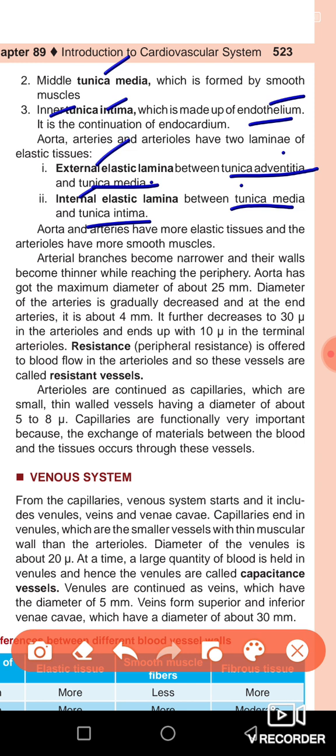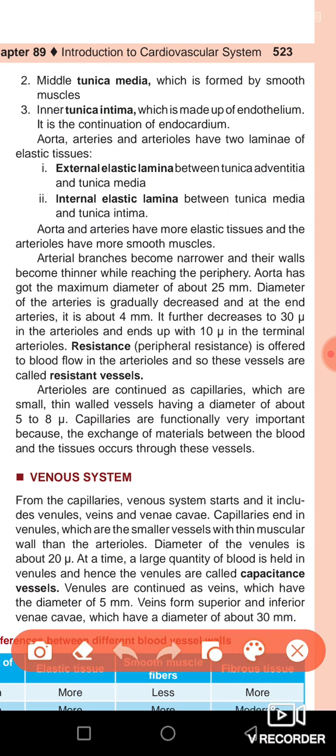So it means that among all three layers, an elastic layer is also present, because we need elasticity, because our heart is going to pump and relax, to contract and relax. For this relaxation and contraction we need space, we need elasticity, so that the layers of the vessels do not break up. This elasticity is given by this lamina.